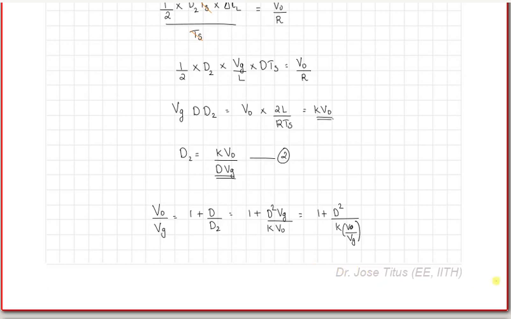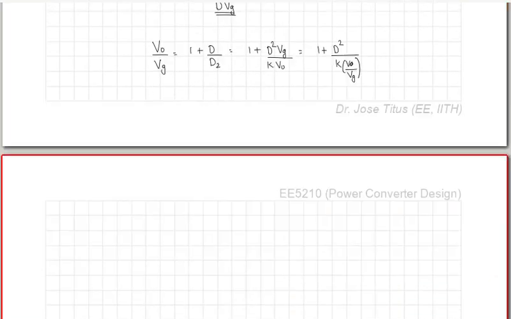Okay, so now I can again put this in the form of a quadratic expression. I have Vo by Vg in the denominator, so K times Vo by Vg the whole square, right?